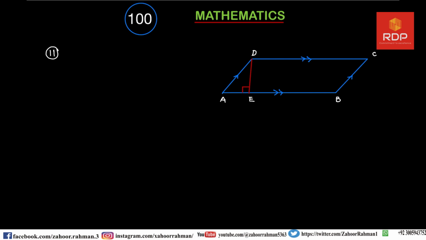The question is saying, in the figure, ABCD is a parallelogram and AED is a right angle triangle, as you can see clearly.